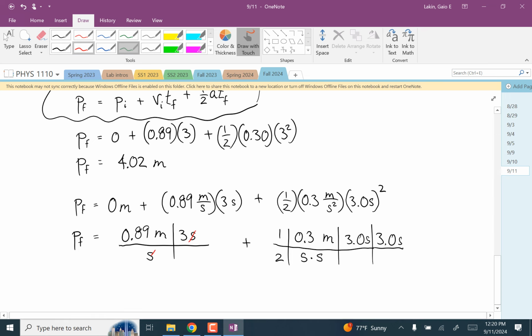And these seconds cancel with these, cancel with these, cancel with these. And now we're just adding two things that have units of meters. If you have the time and the patience to do it, that's a helpful thing to do, because sometimes you can catch your mistakes in what you're multiplying because your units don't come out right. But I kind of don't think it's worth the extra time investment.